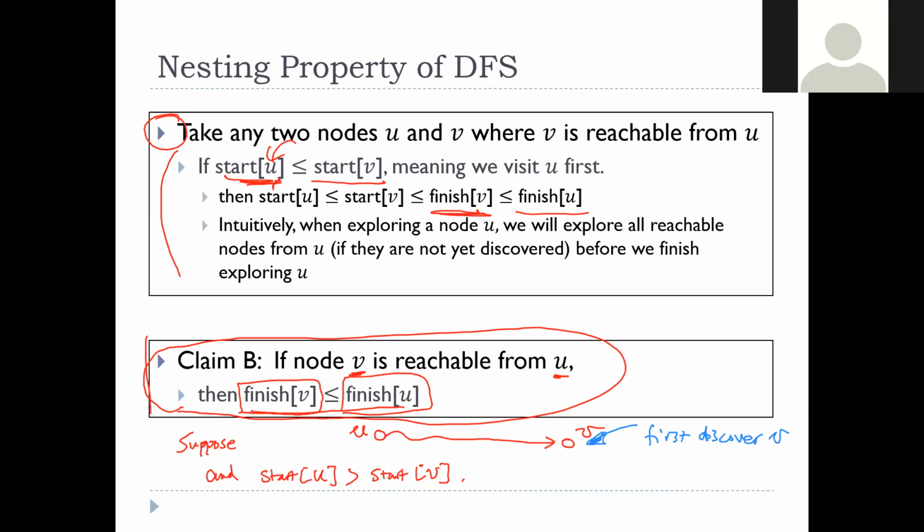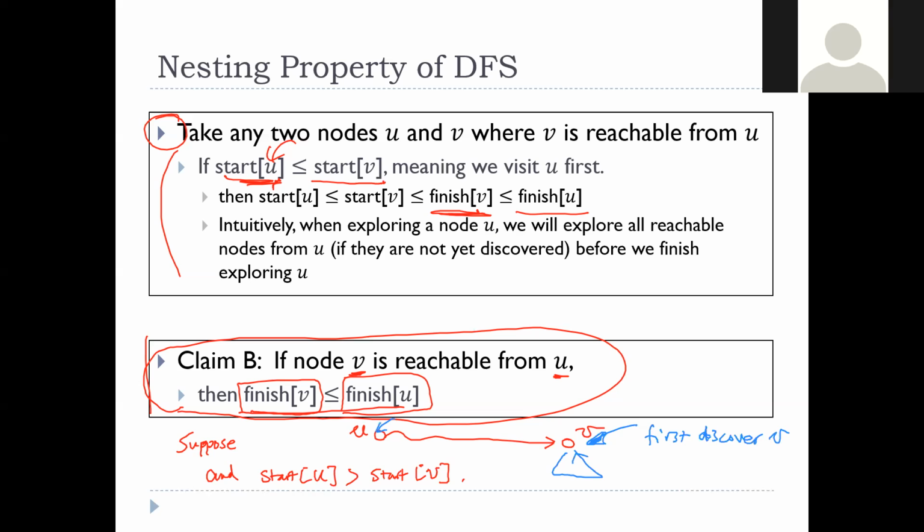Okay, so that would not do anything to U. Then I would have to finish this before I later come to U and start to explore it. Okay, so if V is discovered first, then basically I will not touch U until I finish exploring V.